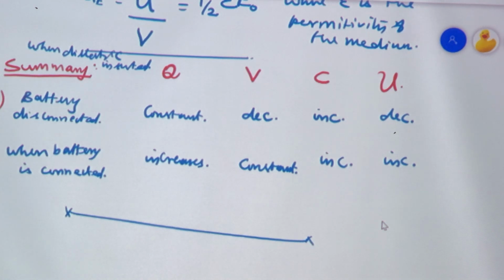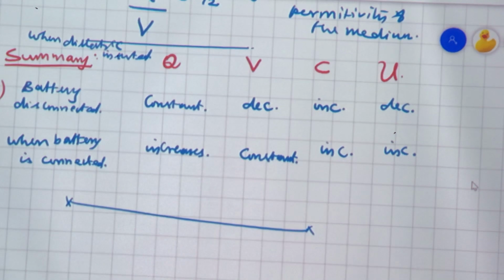When you press the key, the distance between the two plates decreases. V is equal to E into D, so the potential also decreases. When potential decreases, the capacitance increases. This is one of the applications where the capacitor is introduced with a dielectric.